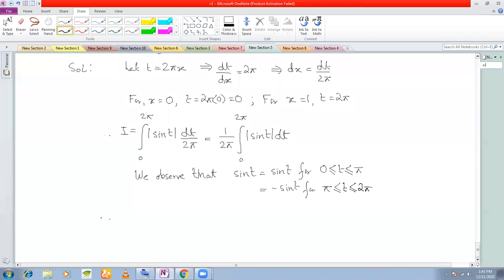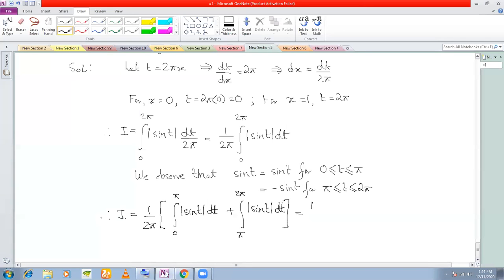So therefore I will now become 1 by 2 pi, first the integral 0 to pi of mod sine t dt, and the next is the integral from pi to 2 pi of mod sine t dt.